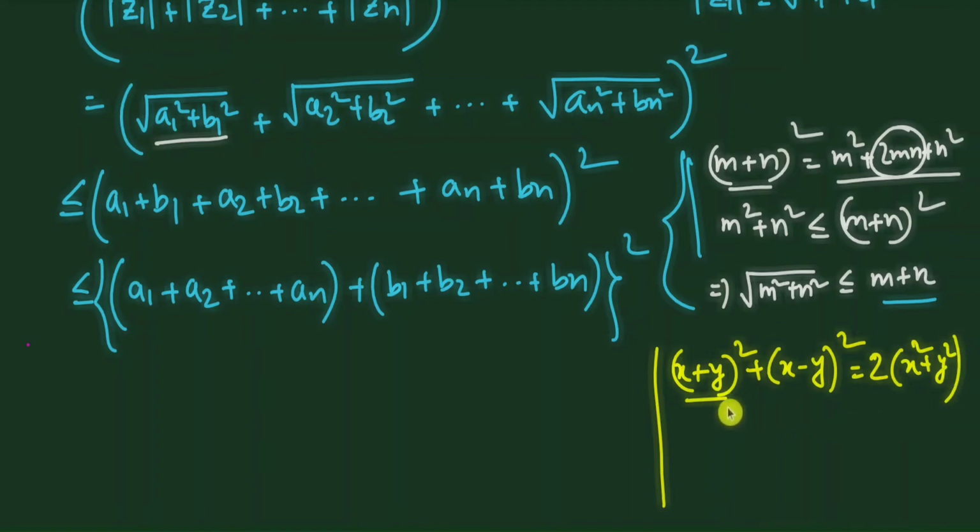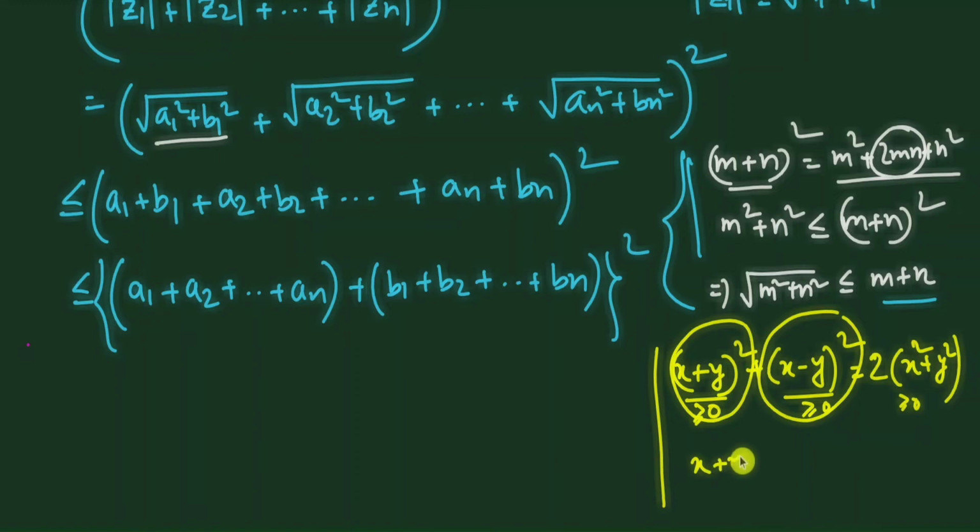So these two are obviously positive, non-negative terms. If we add these two positive terms, then we get this term, and this is also a positive term. So each of these terms is obviously less than this term.